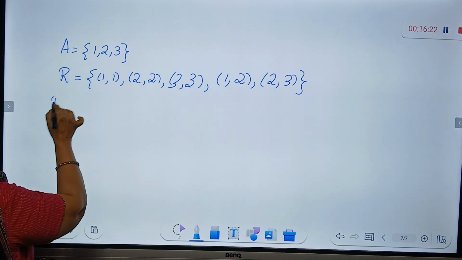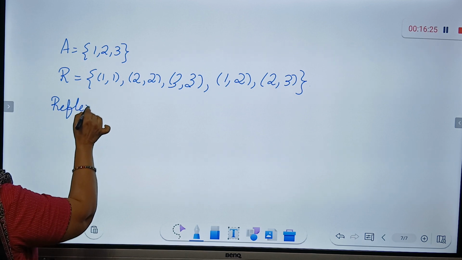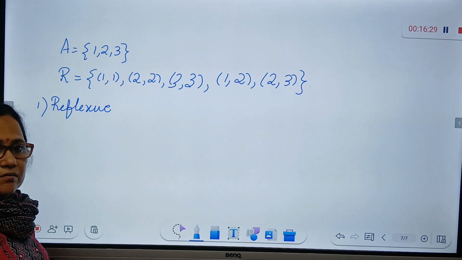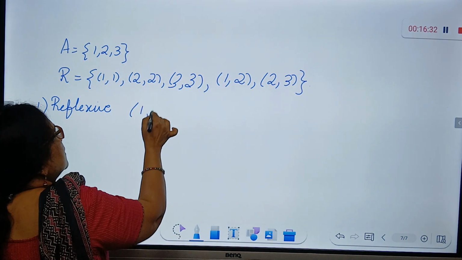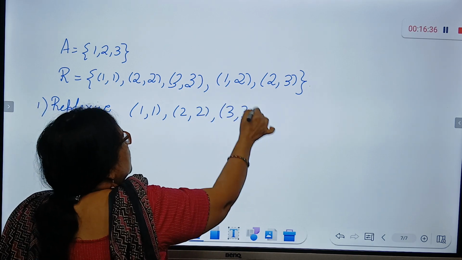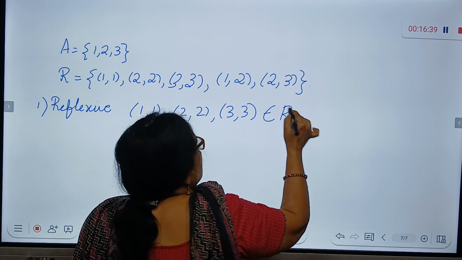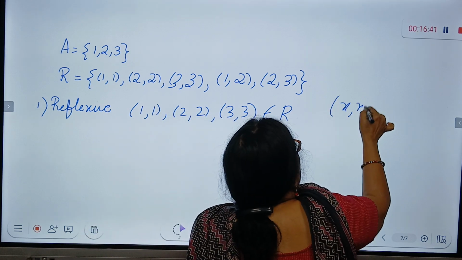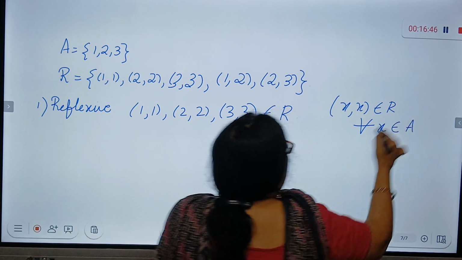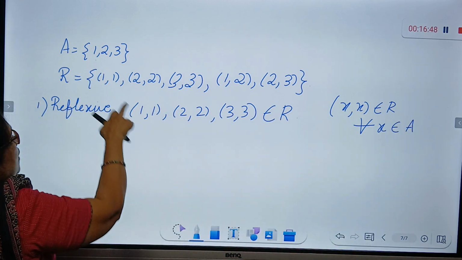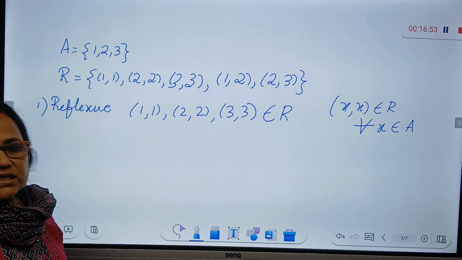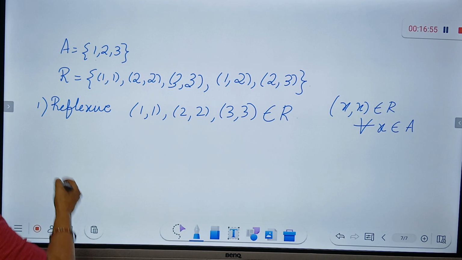The reflexive property. Is it reflexive? Is (x, x) in R for every choice of x coming from A? We have checked for all elements: (1,1), (2,2), (3,3) belong to R. Therefore, it is reflexive. Is it symmetric?